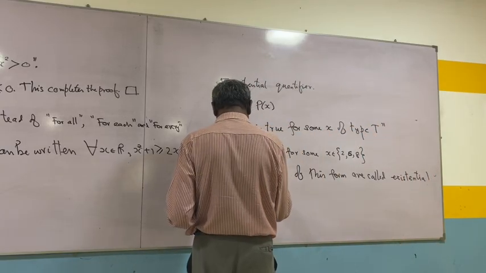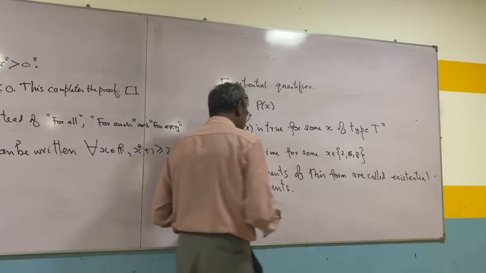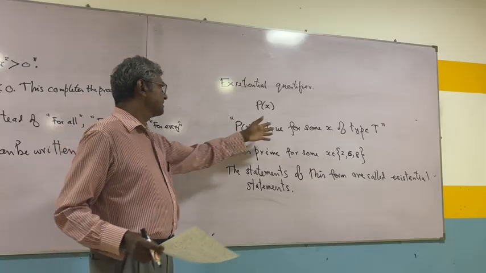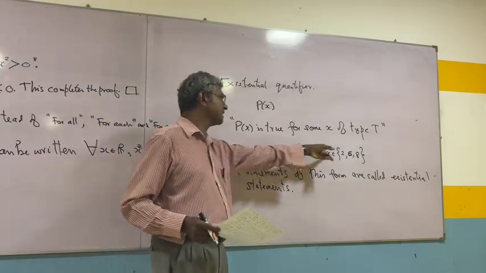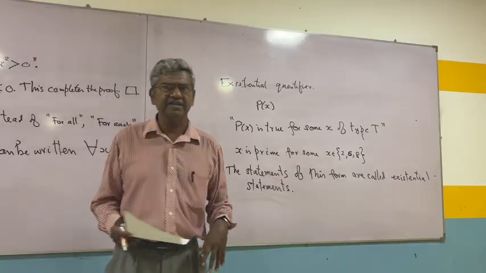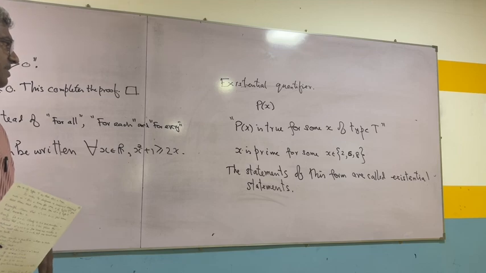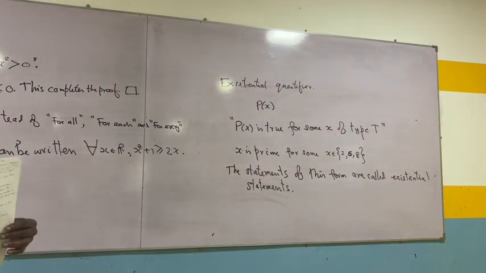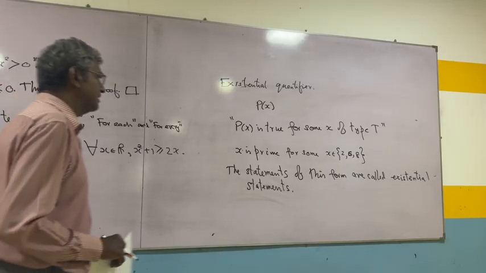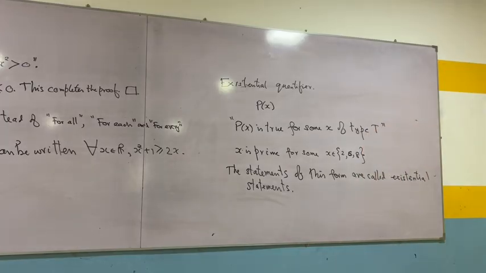Very important. P(x) is true for some x of type D, or x is prime for some x belonging to this set. This kind of statements are called existential statements. So before, while we studied universal statements, now we are learning existential statements.